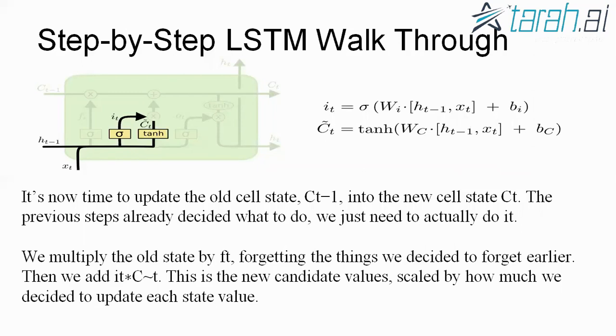Here the cell ct minus 1 is updated to a cell ct, where whatever we decide by adding on the forgetting state and adding on the new components of the inputs which we want to add to the current state, we have added here.